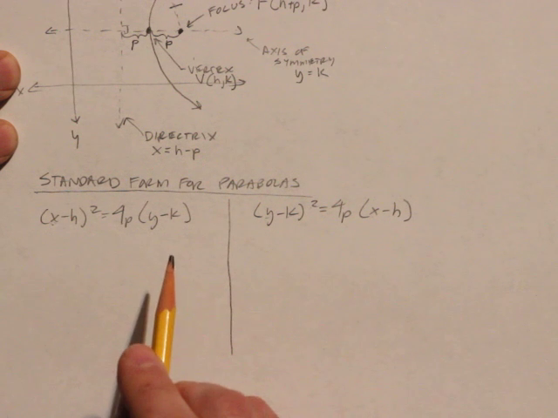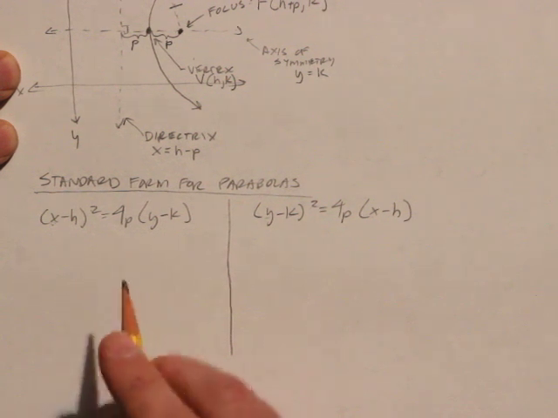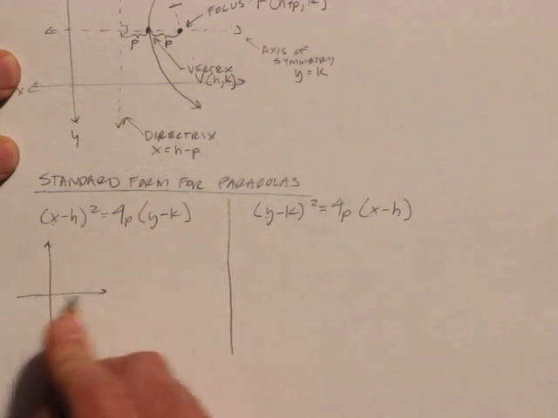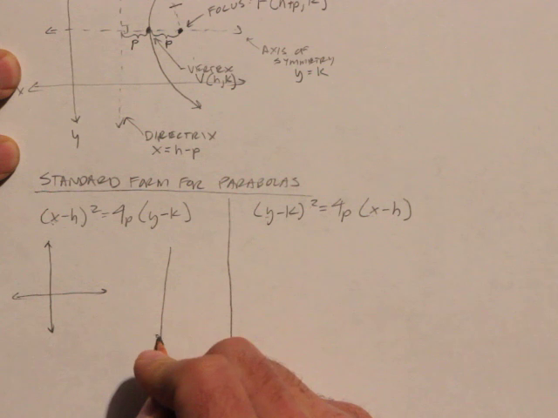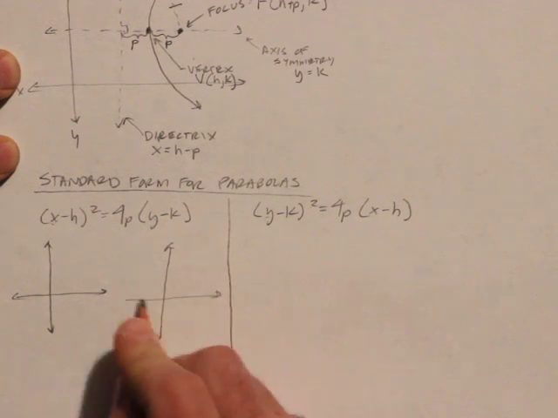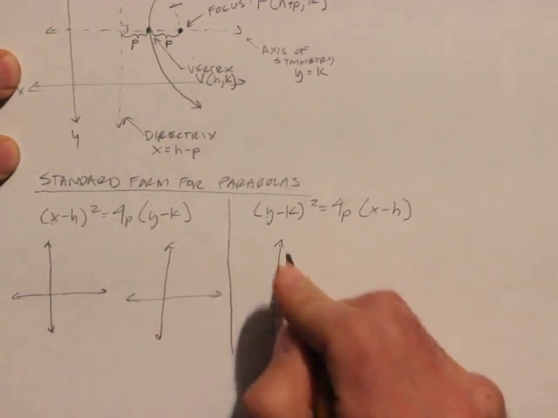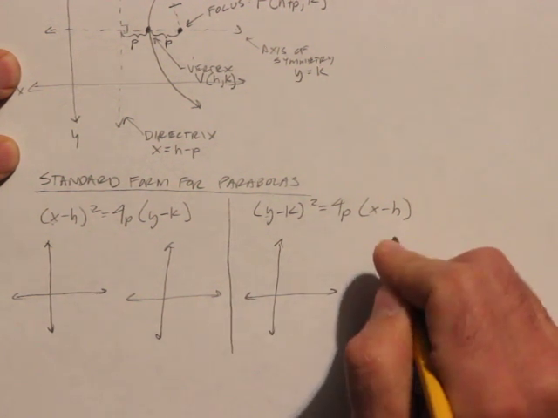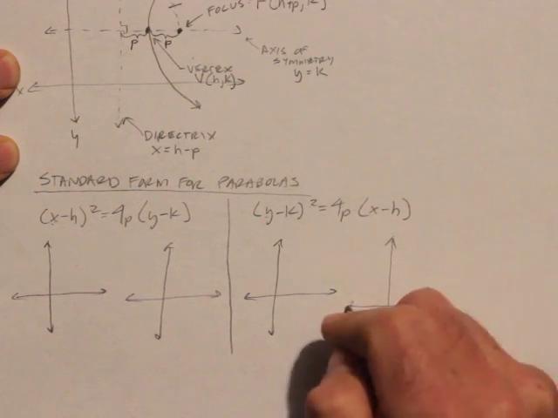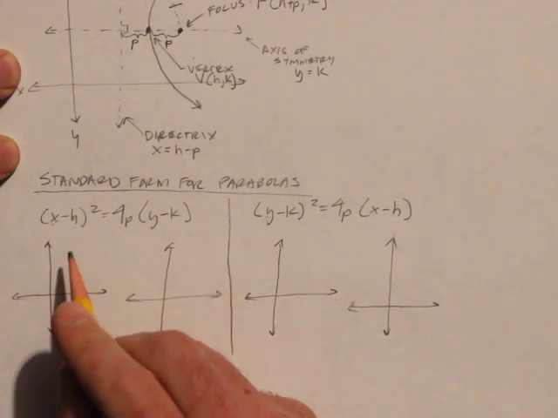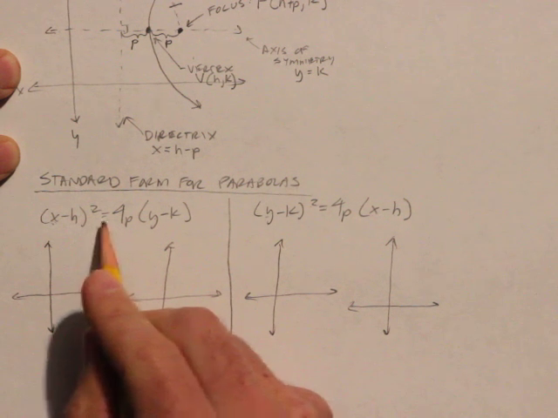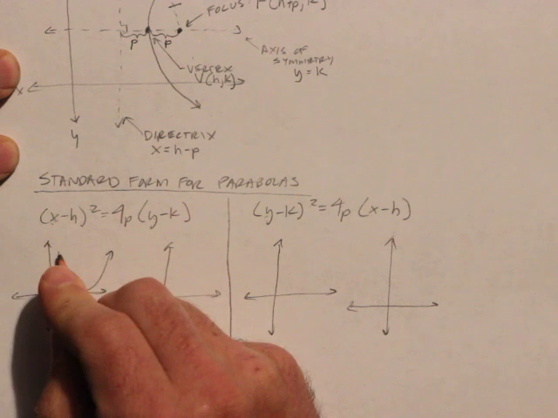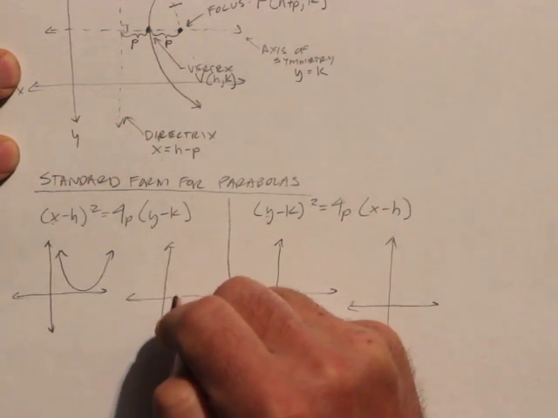What this is telling us is, if I were to draw two coordinate planes in each of these scenarios: if x is squared, then we're going to have a parabola that opens up or a parabola that opens down.